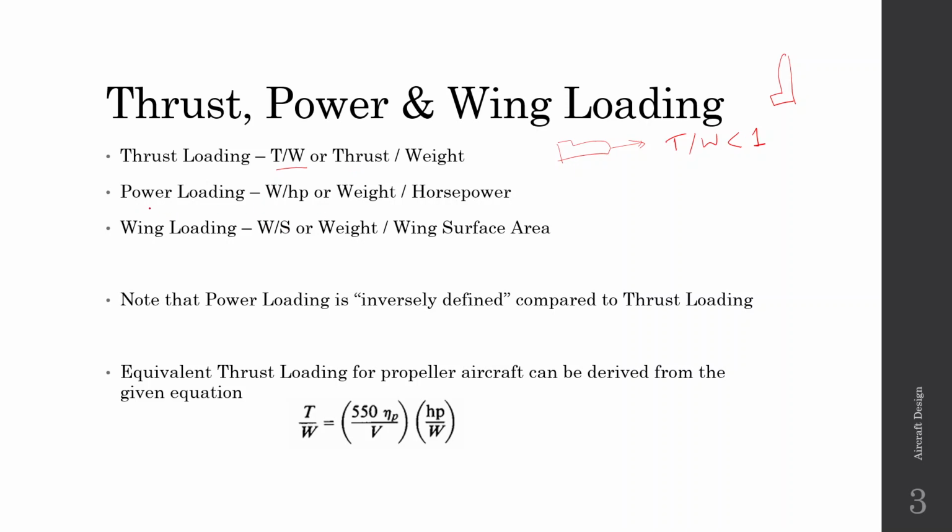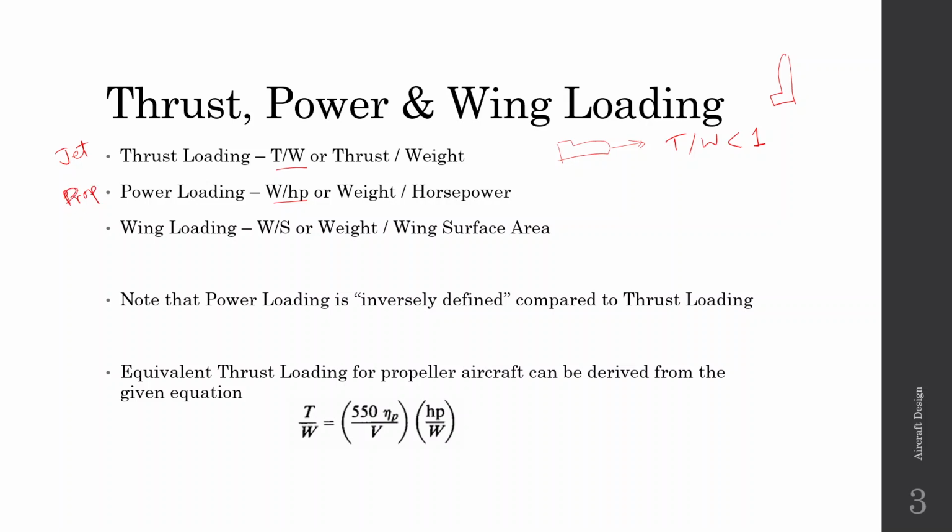Then we have the power loading. Conventionally, power loading is defined as weight by horsepower. The thrust loading is mainly meant for jet engines and jet aircraft, and the power loading is meant for propeller driven aircraft.